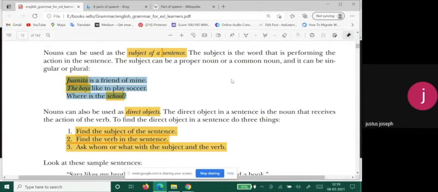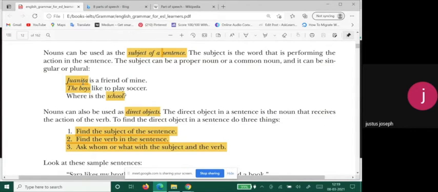Okay. Now, what is the subject? Subject is a doer. Noun equal to subject equal to doer. Anyone who does some action, who is doing some action. Okay.